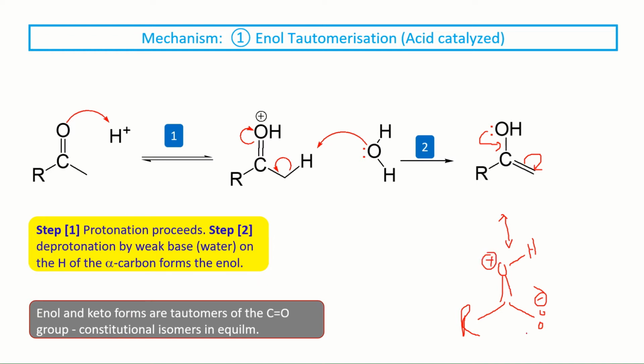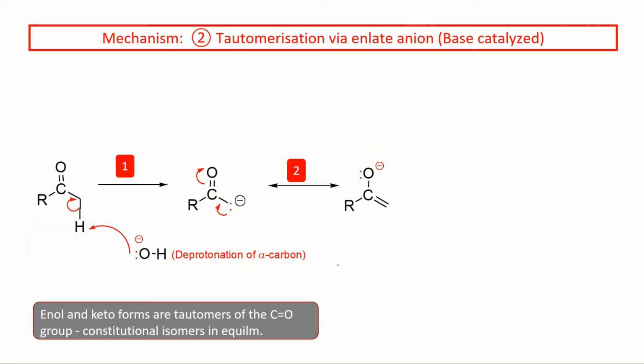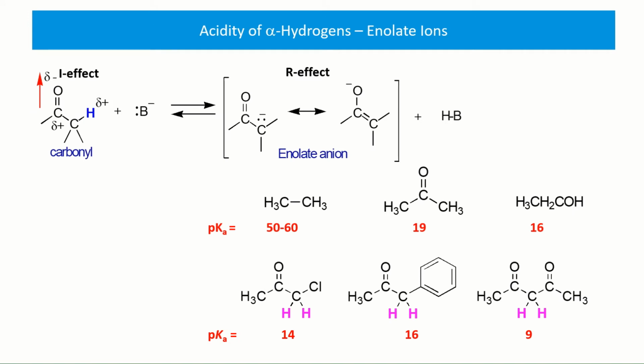So now you can see the nucleophilicity at that carbon. Remember that we have a resonance effect and we also have an inductive effect. If you look closely at a normal hydrocarbon, like an alkane, pKa of 50-60, but here you can see with acetone, pKa of 19.